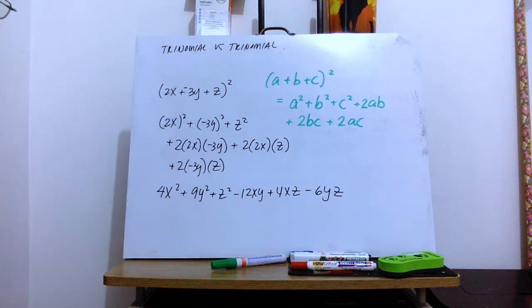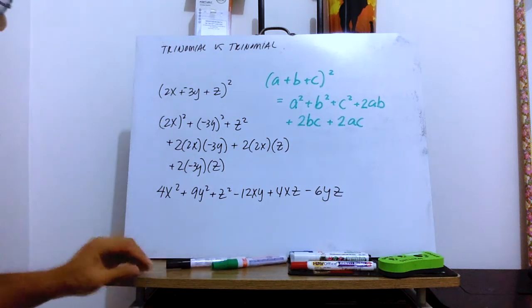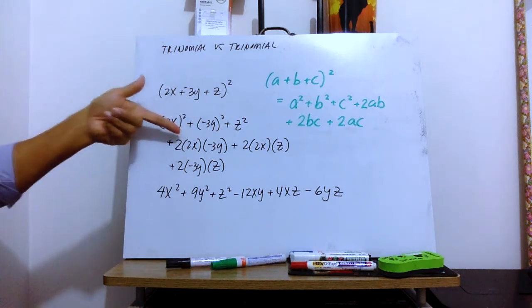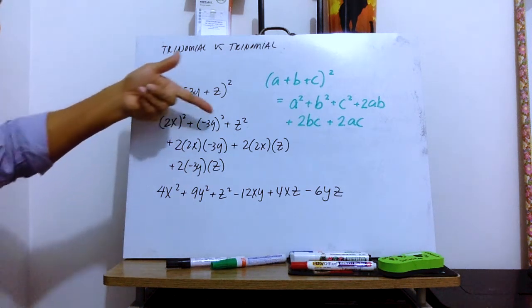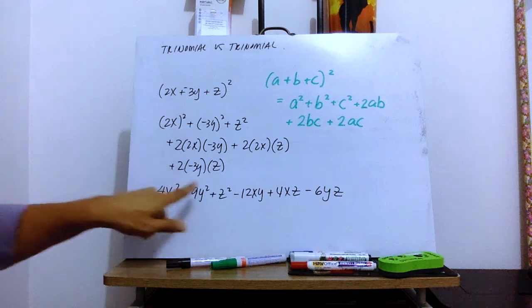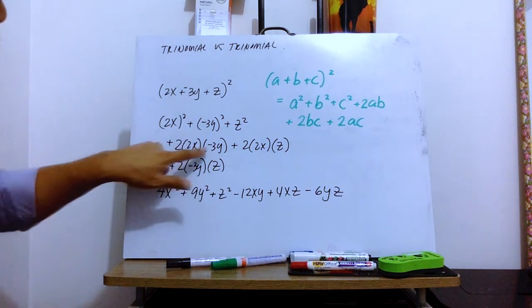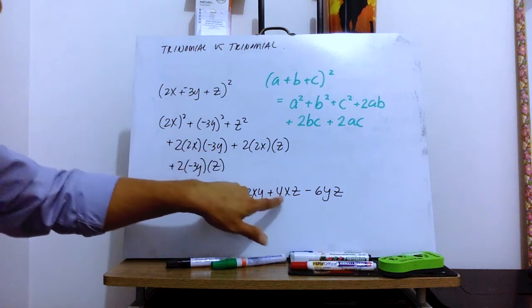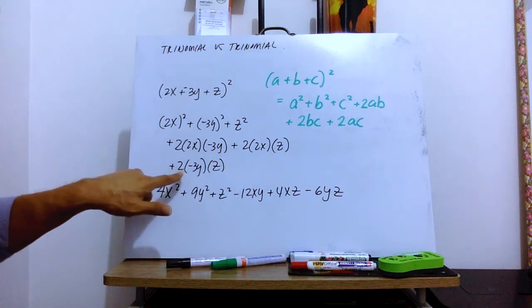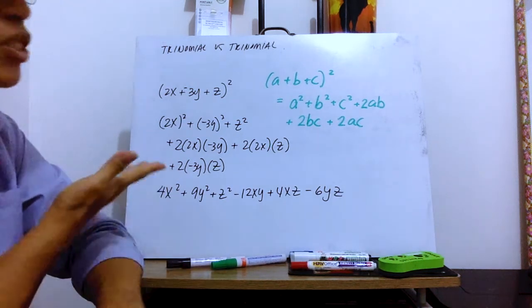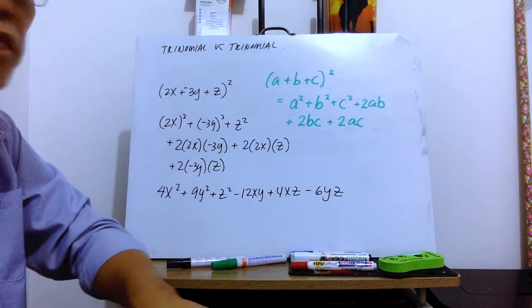See? Very simple, no? Yep, that's 12xy actually. 2 times 2, 4 times negative 3. And then that's 4xz, and then that's negative 6yz. Okay, now this is what you call a special kind of multiplication of trinomials.